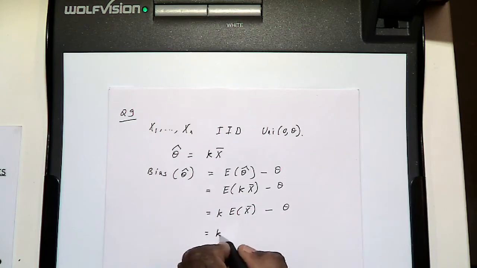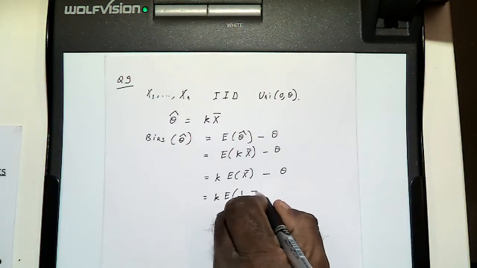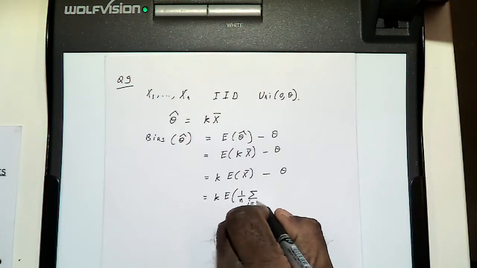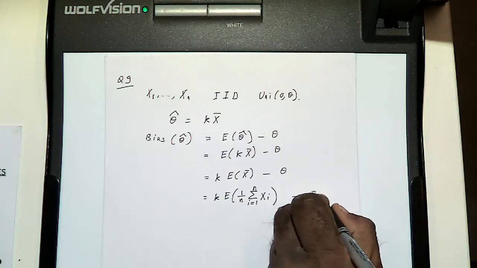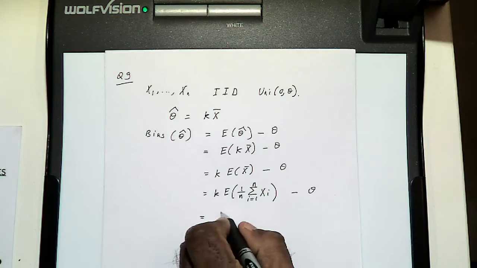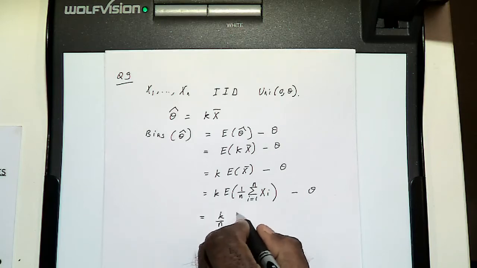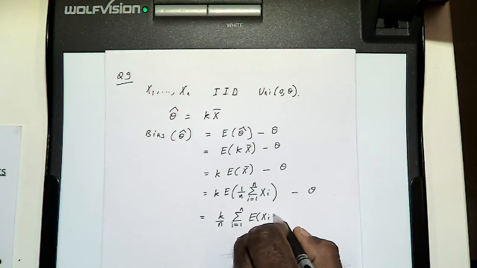Now x bar is the sample mean, so you can write it as 1 over n times the sum of the data. Now take the expectation inside, so you get this.